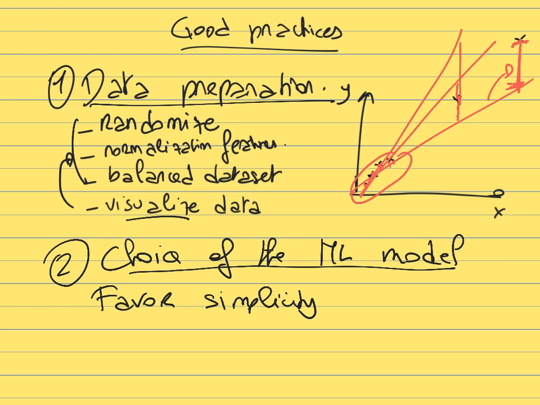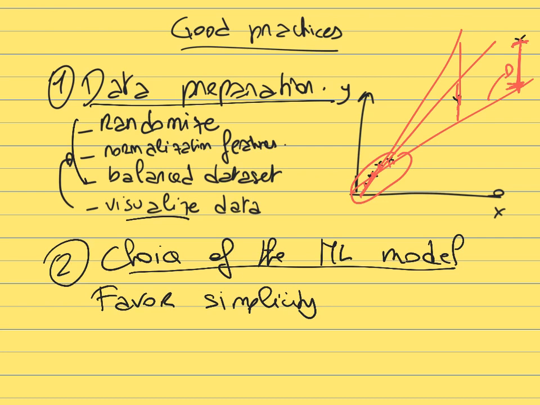So you should not always be using a simple model if it just doesn't appear to work well. But if you have two models that work equally well, then choosing a simpler model is usually going to be a better choice. It's going to be a more robust description of the relationship of the input and the output.